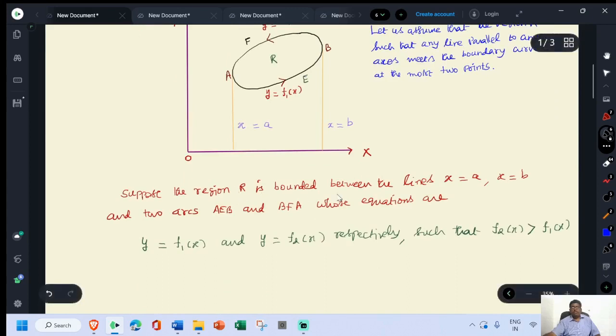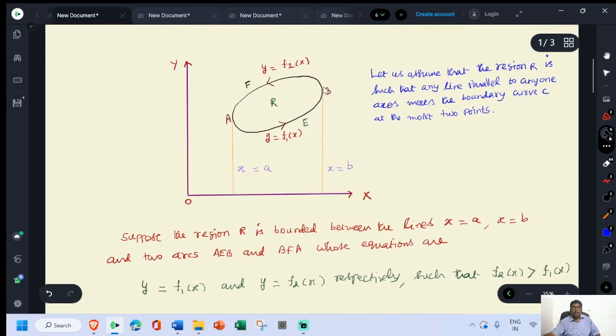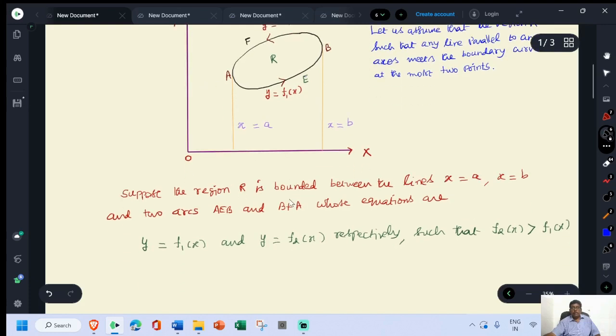Suppose the region R is bounded between the lines x equal to a and x equal to b, and two arcs AEB and BFA. Then the equations corresponding to the two arcs are y equal to f1 of x and y equal to f2 of x respectively.